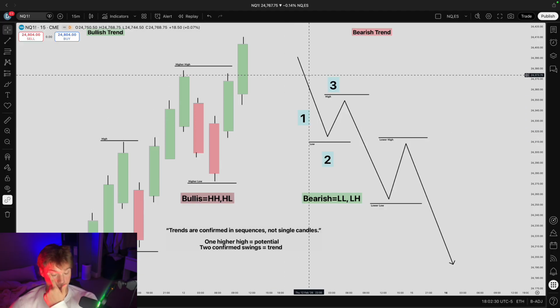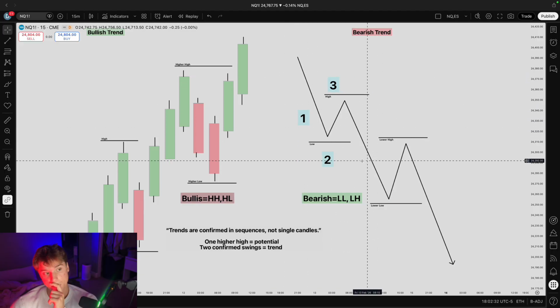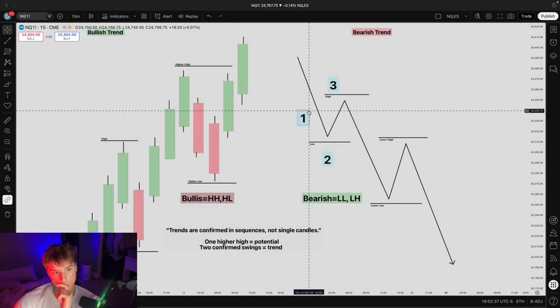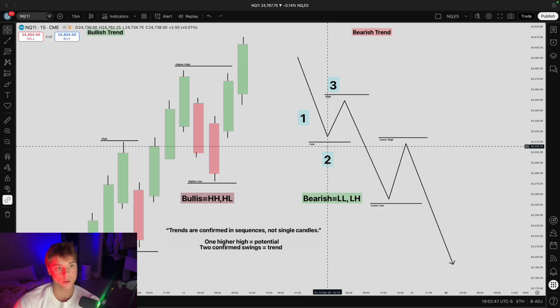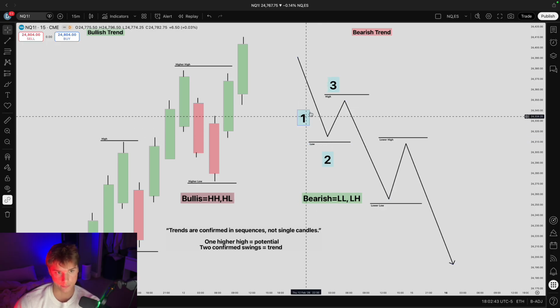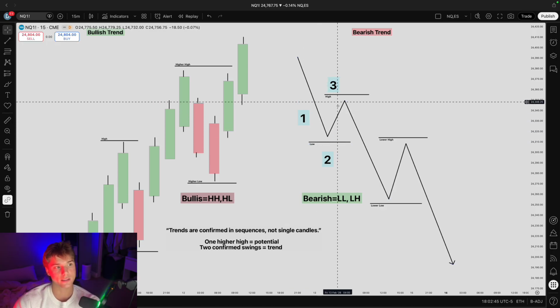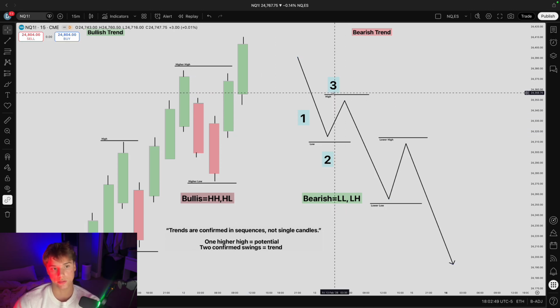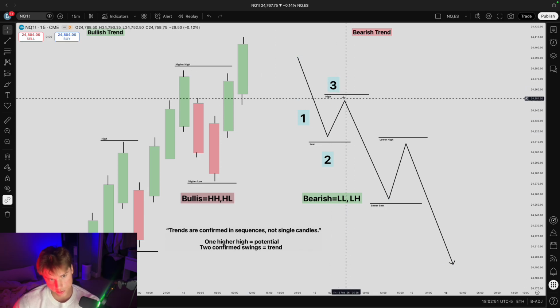I just kind of used a trend line to show this, but it's going to be the same concept as these candlesticks over here. You are going to have candle 1. Candle 2's low is going to be lower than candle 1 and candle 3. And then same thing for identifying a high. Candle 2 has to be higher than 1 and 3. So you're going to have your original low, then high.